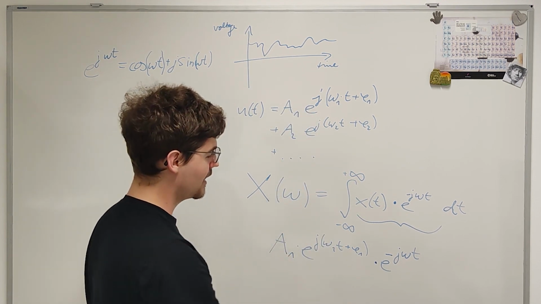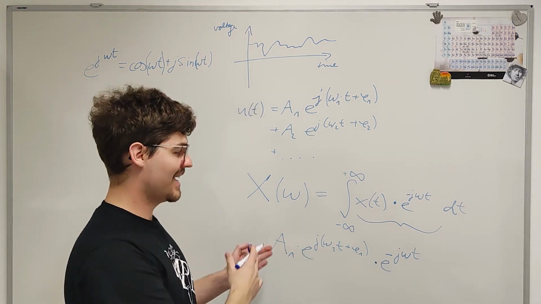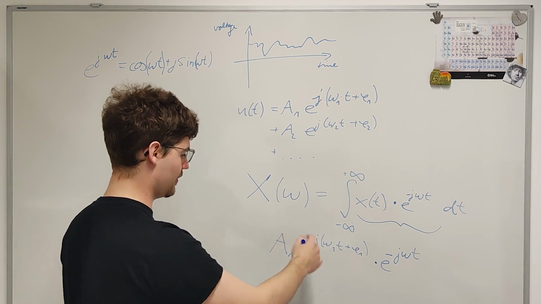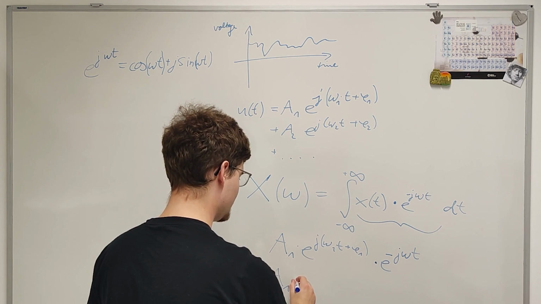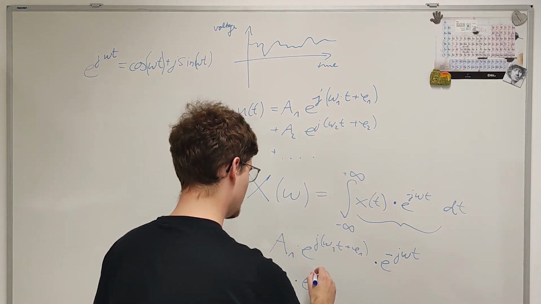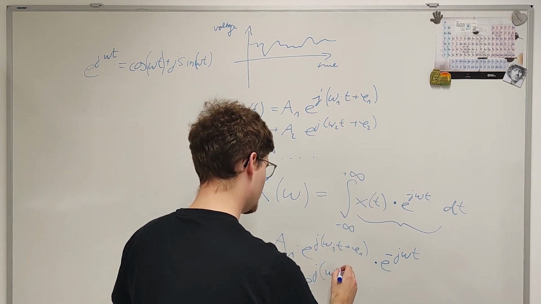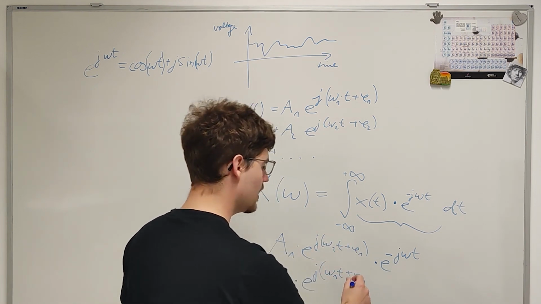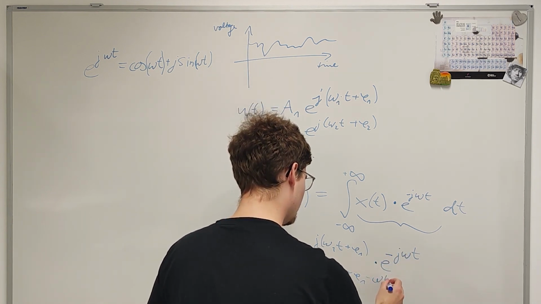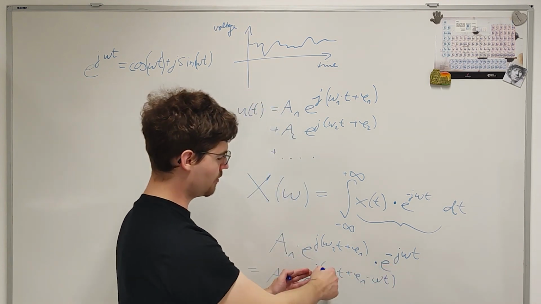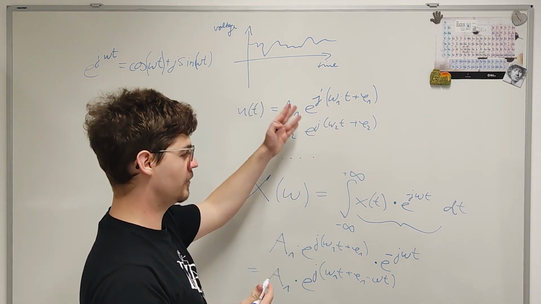What happens? If we multiply these exponents, what we're essentially doing is adding the exponents of the functions. So we simplify this to A1 times e to the j, copy this term, (omega 1 t plus phi 1 minus omega t). And in this case, omega 1, omega 2, omega 3, omega 4 are all the different omegas that may be in your actual function.